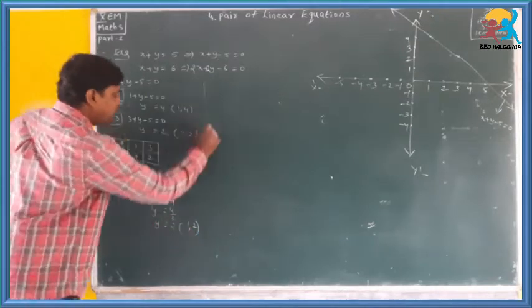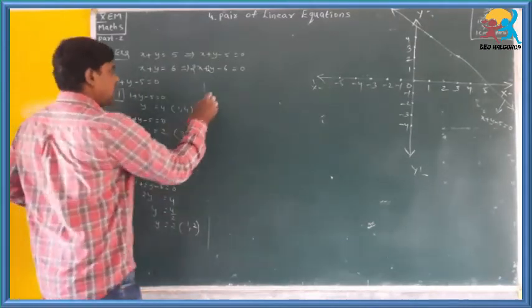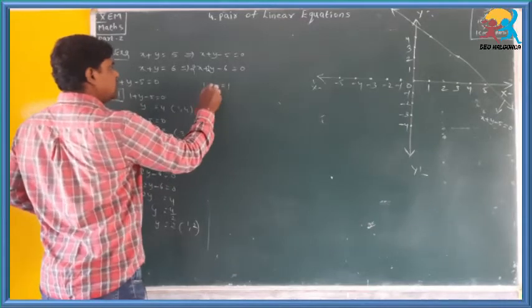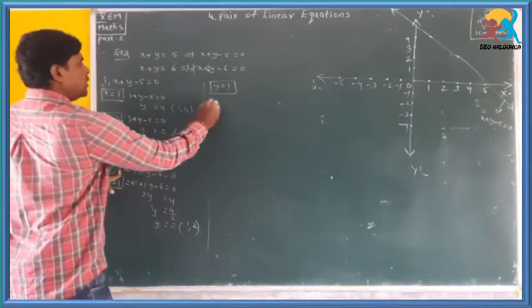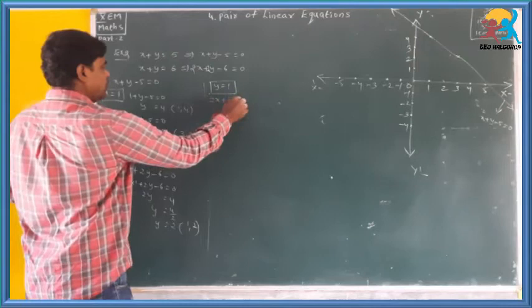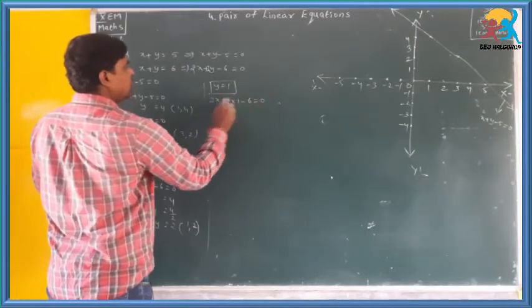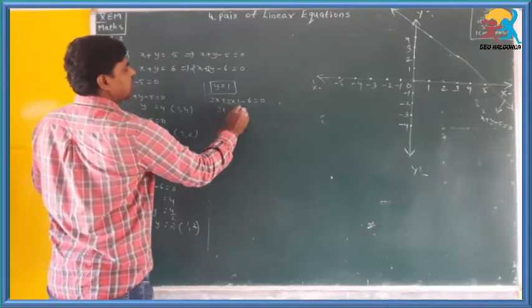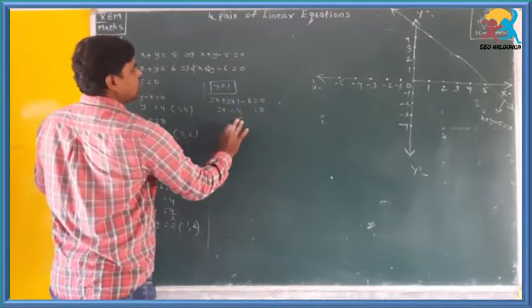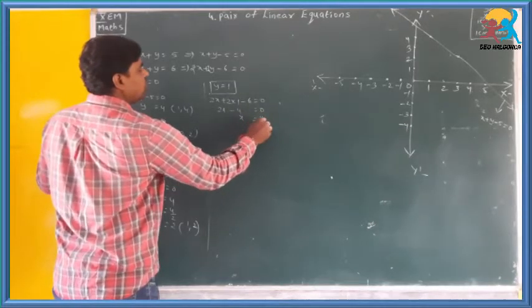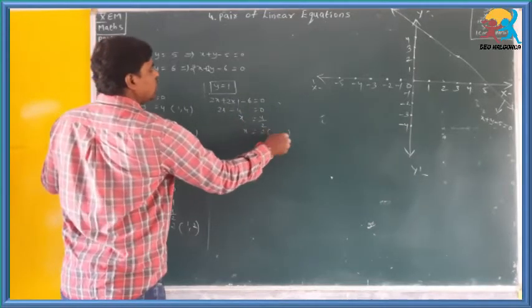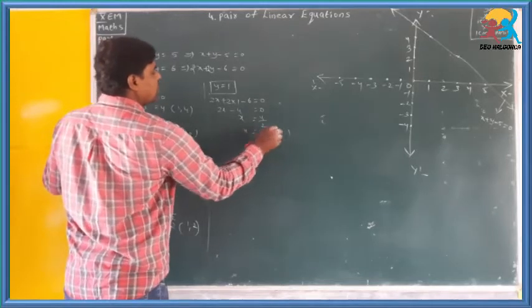And take one more point. Now, I would like to take y is equal to 1. Then 2x plus 2 into 1 minus 6 is equal to 0. With simplification, 2x minus 4 is equal to 0. So, directly I will write x is equal to 4 by 2. So, x is equal to 2. So, the point is 2 comma 1.